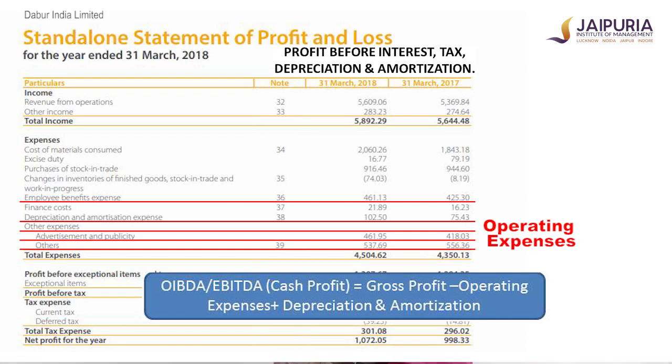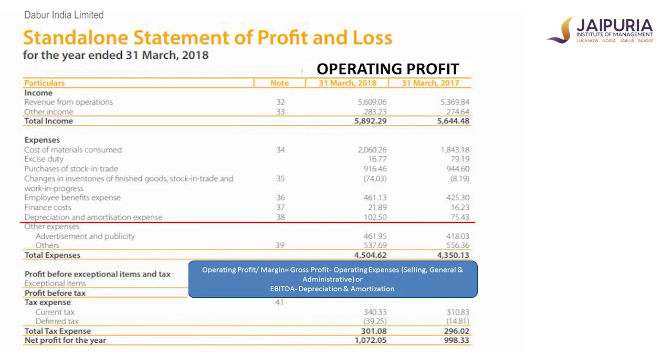Now the thing comes, what do you mean by operating expenses? All those expenses which are necessary to run the business or the organization, which are not directly associated with the company's output on a cause and effect relationship, are usually termed as operating expenses. Now, the next level of profitability is operating profit.